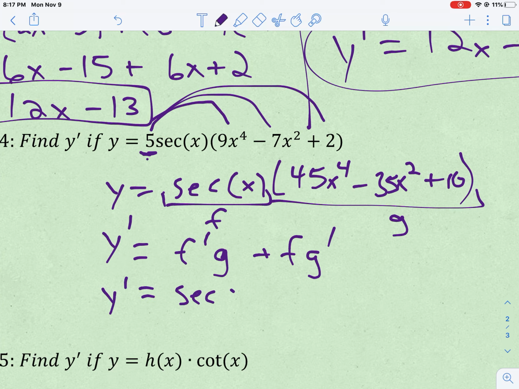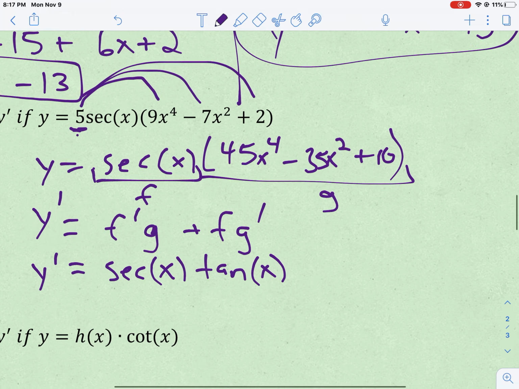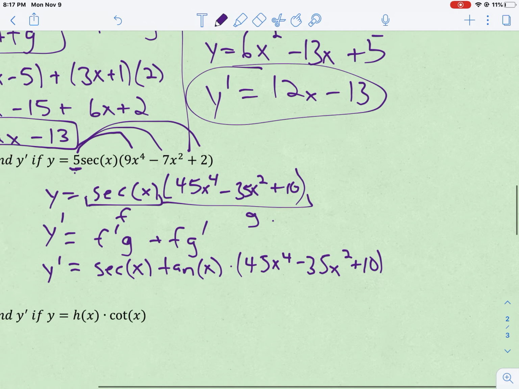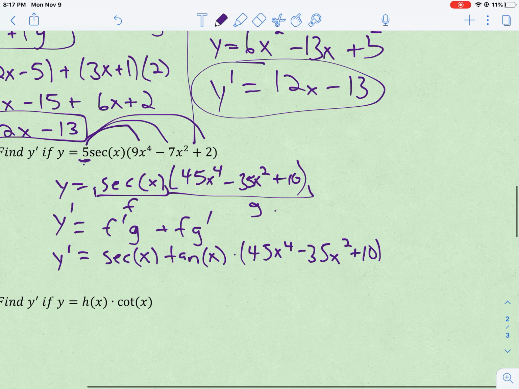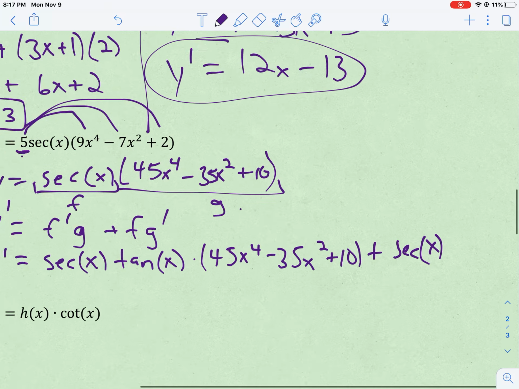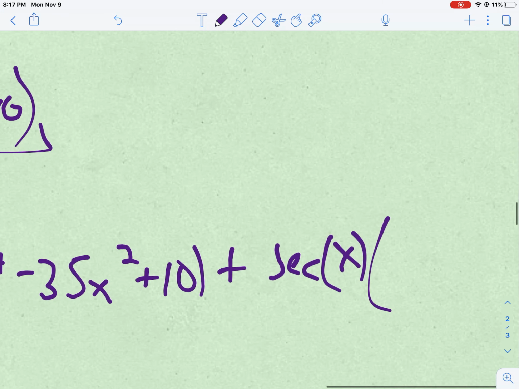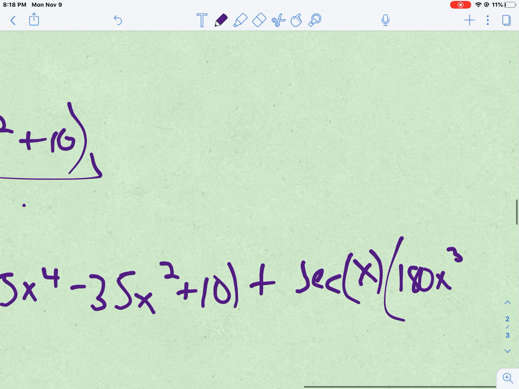So that means secant of x, tangent of x, times the function g, plus f, g prime. So now the derivative of 45x to the 4th, okay, that's going to be 180x to the 3rd minus 70x.